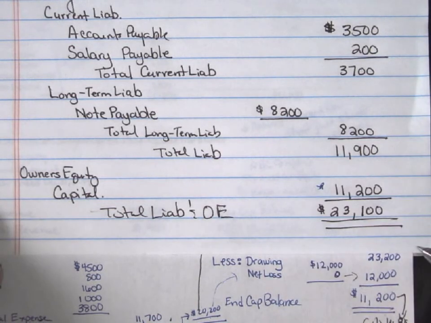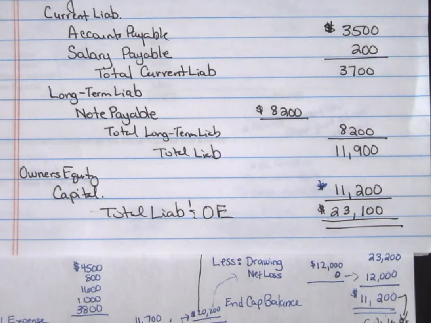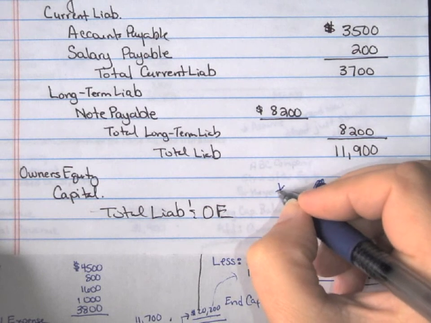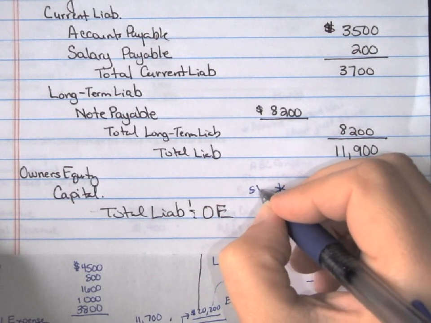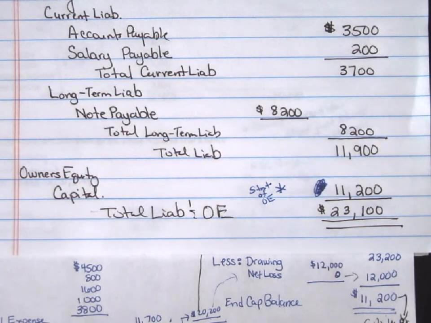Again, that is coming from that statement of owner's equity, so just remember that that is where you are getting that from.